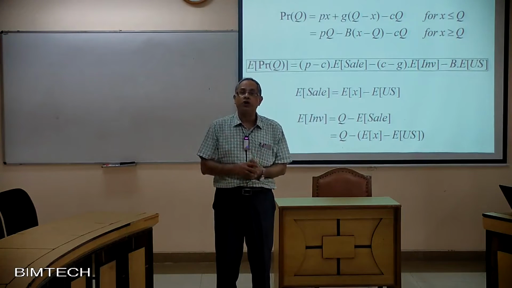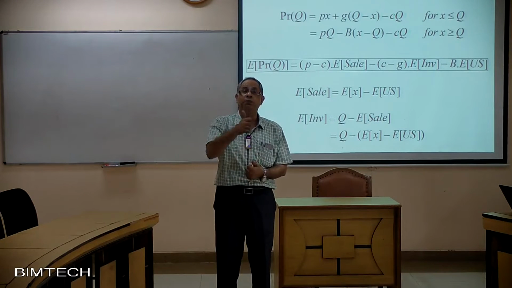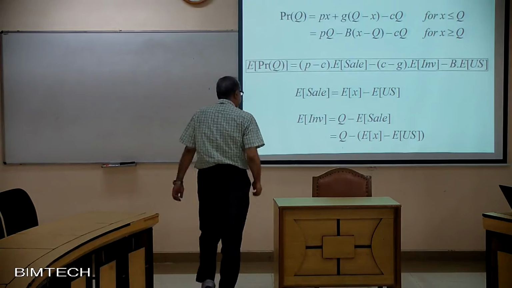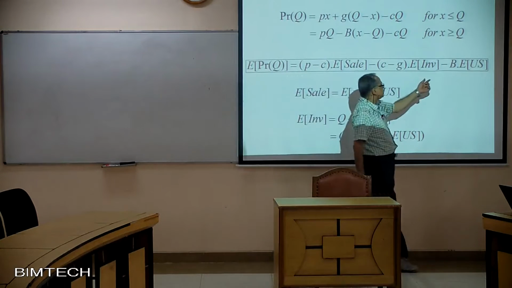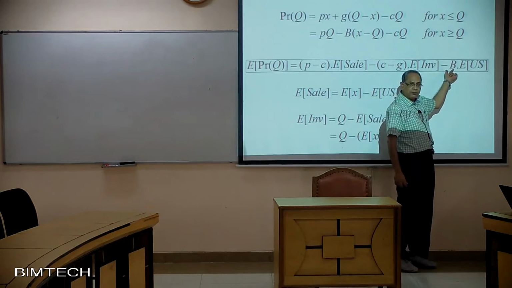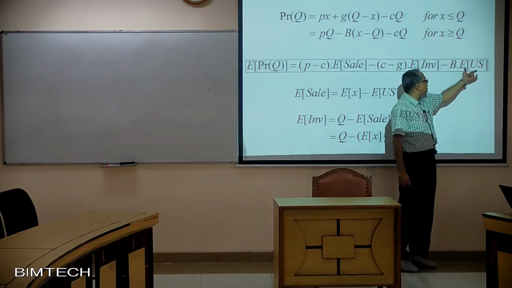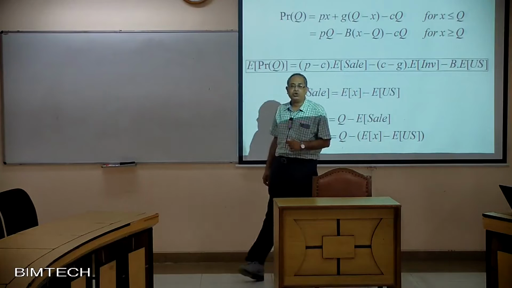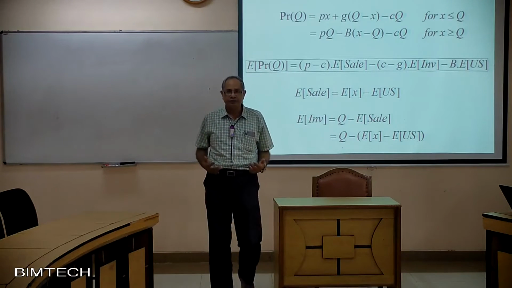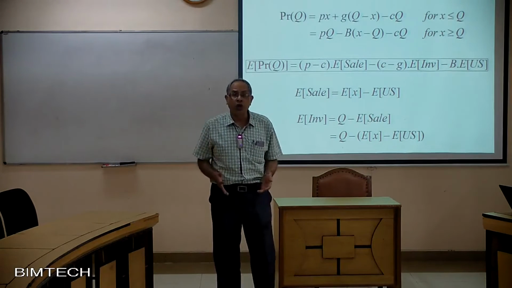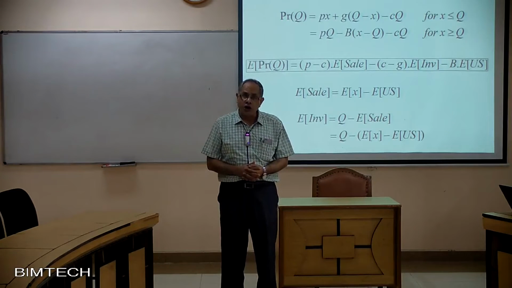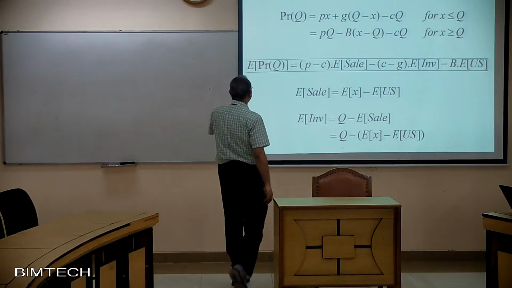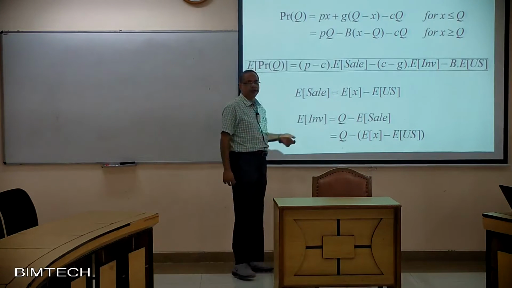And whenever we are short, we pay a penalty equal to B, capital B. And therefore, this cost is capital B, which is the penalty per unit, multiplied by the expected number of units that we are short, which gives us the total cost of being short. So this is our equation for expected profit.